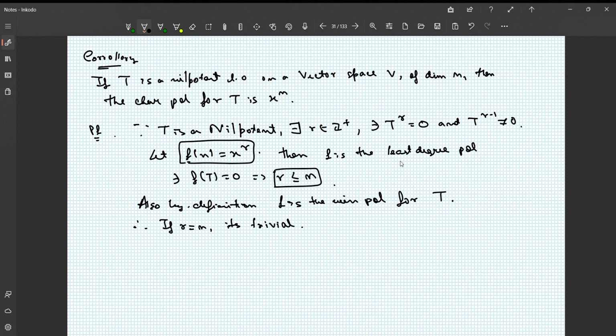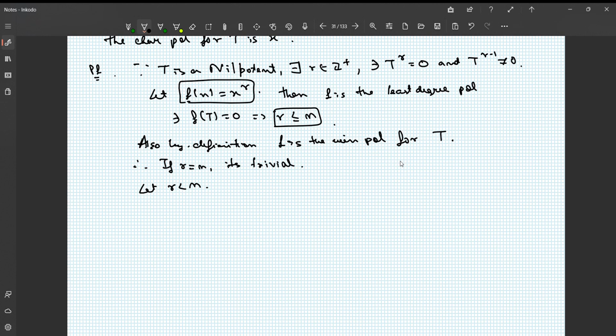Okay. So let r be less than n, and consider p to be the minimal polynomial. We are actually relating it to the previous theorem.